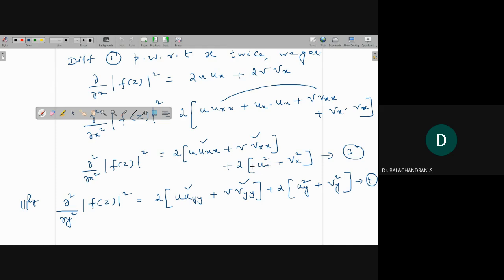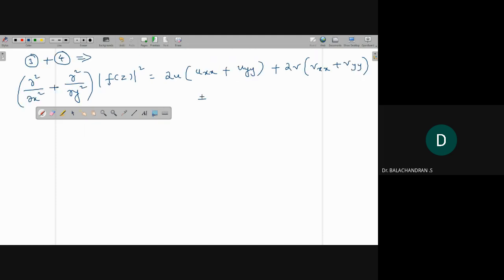And then remaining 2 into ux square plus vx square plus uy square plus vy square, plus 2 into ux square plus vx square plus uy square plus vy square. I call this equation 5.